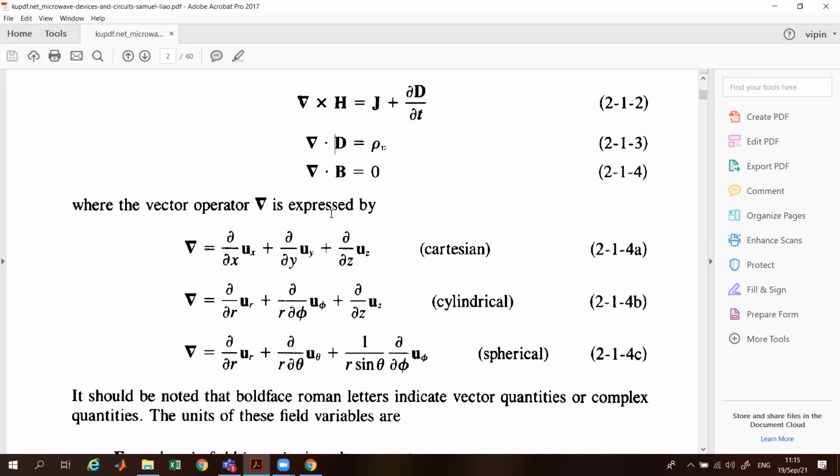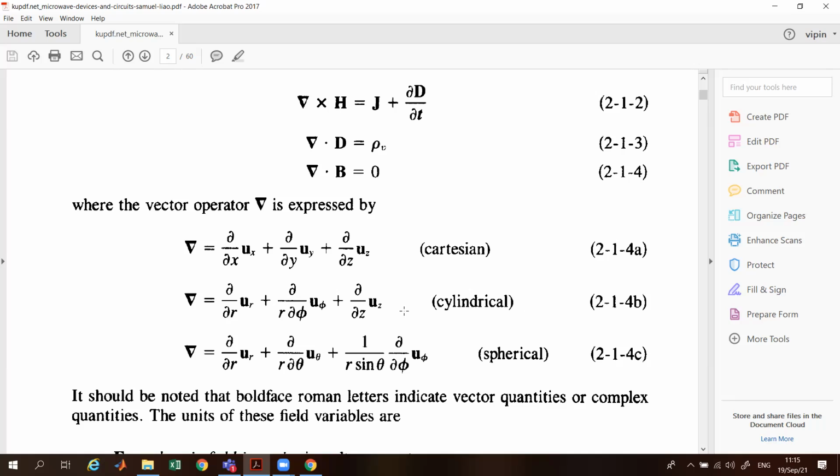The operator del is expressed by d by dx of ux plus d by dy of uy plus d by dz of uz in Cartesian form. In cylindrical form, it will be d by dr of ur. U represents the unit vector in the direction of x, y, and z.